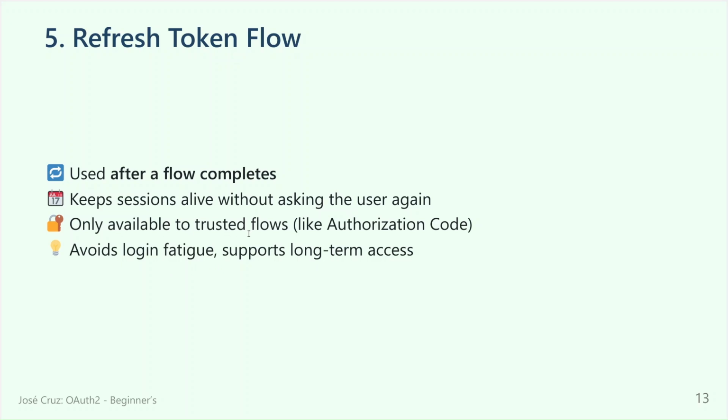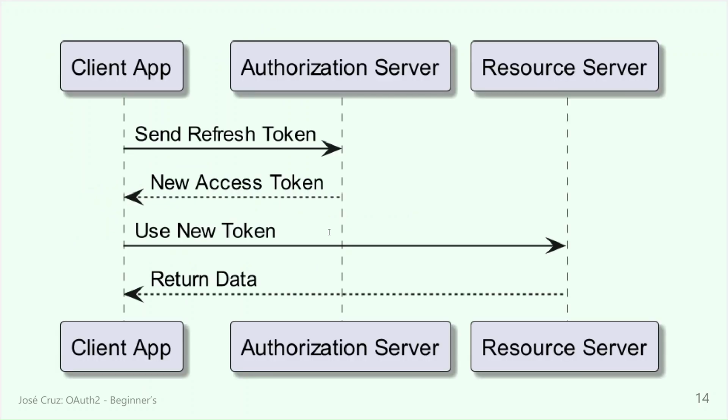It's only available to trusted flows like authorization code. It's not all the flows, only the trusted ones that we talked about, like machine, or when a user can present a username and password. It avoids login fatigue and supports long-term access, so the user doesn't have to constantly log in to the system.